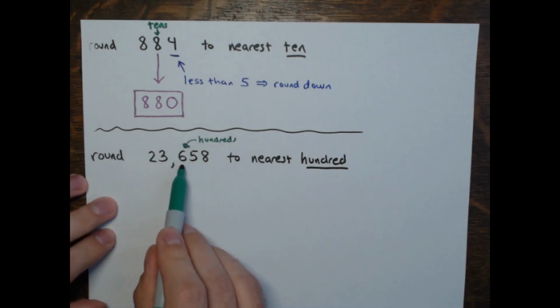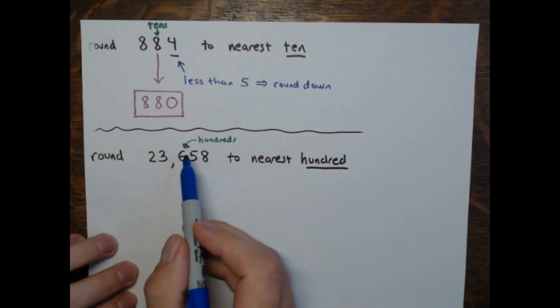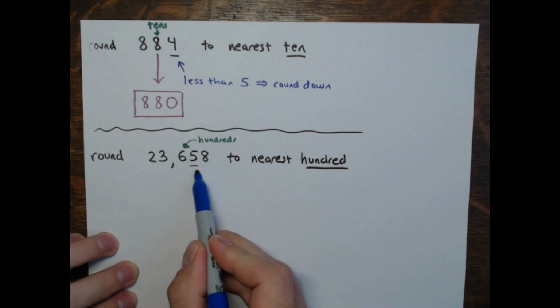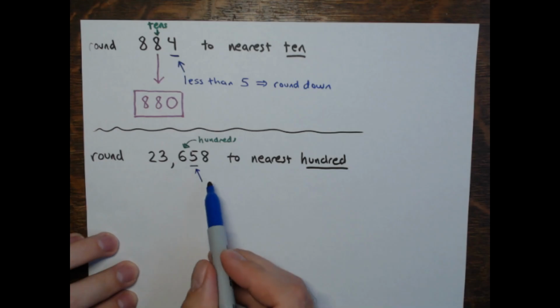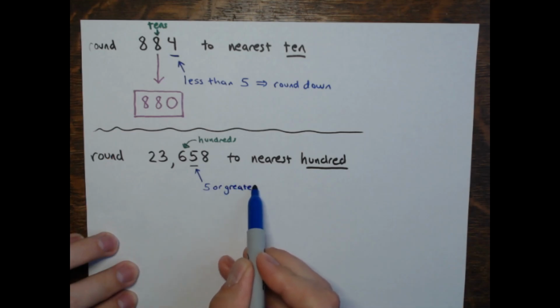So that's the place I'm focused on. Following all the steps that were outlined, I'm going to underline the place directly to the right of that. So I underline this 5 in the tens place, and that is greater than or equal to 5.